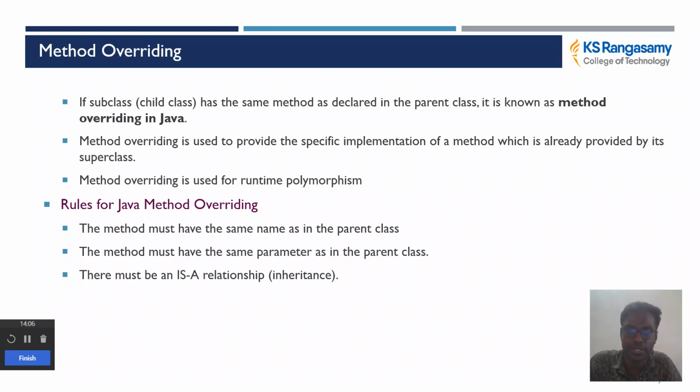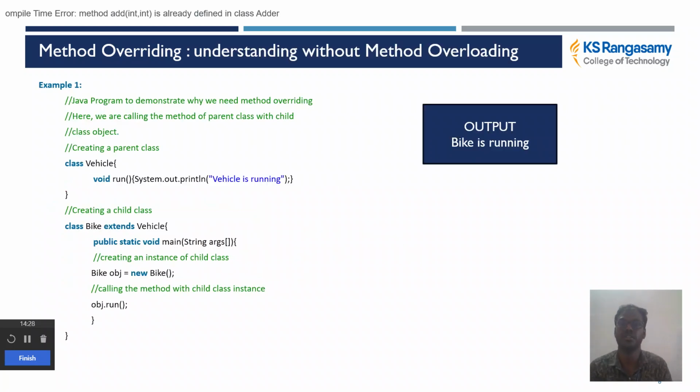There is no differentiation like in method overloading here. And there must be an IS-A relationship, that is, inheritance. Definitely, class A and class B, or parent class and child class, have to be in a relationship, which is nothing but our inheritance concept. These are the simple rules that we have to follow. Let us see it with an example. First one, this is a Java program for a vehicle running system.